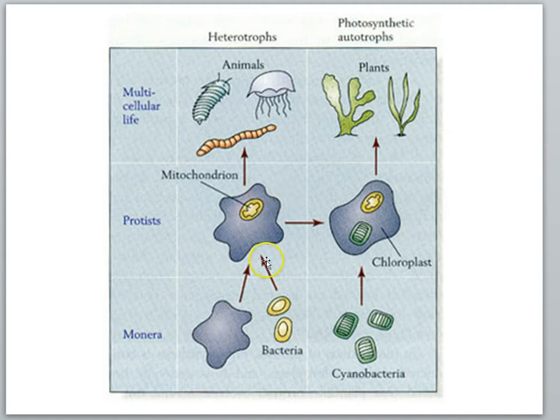And then one of these types of cells would be the ancestors of animals, that all animal cells have mitochondria, but some of these complex cells went on to incorporate the photosynthetic bacteria, the cyanobacteria. So a second endosymbiosis would have produced an ancestor of plants and other organisms with chloroplasts.